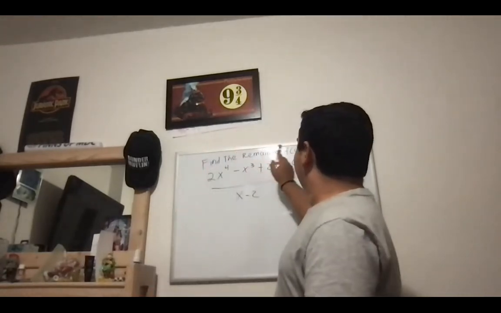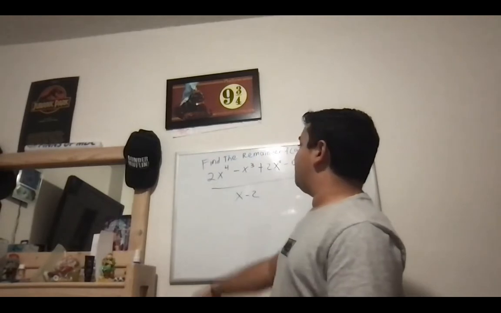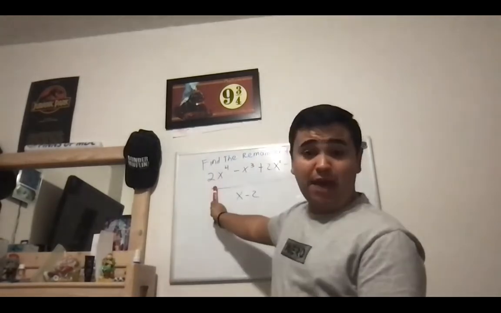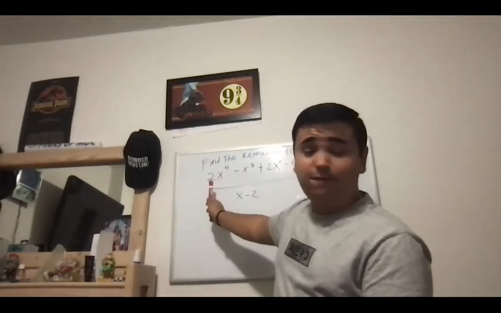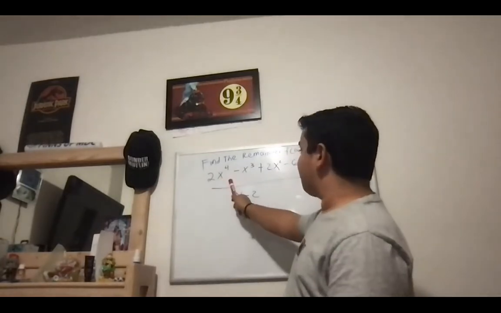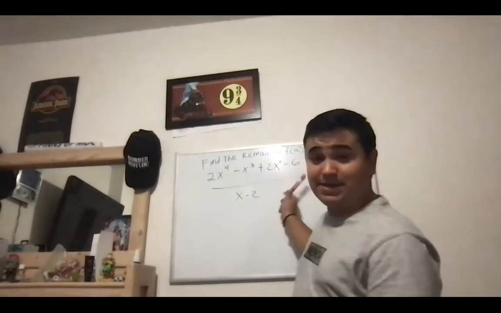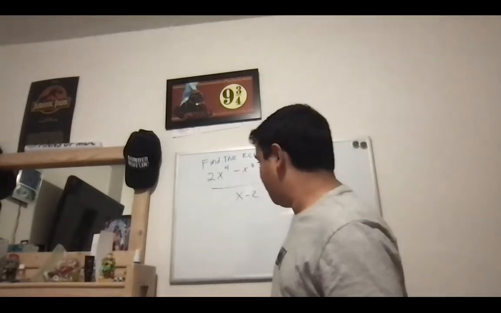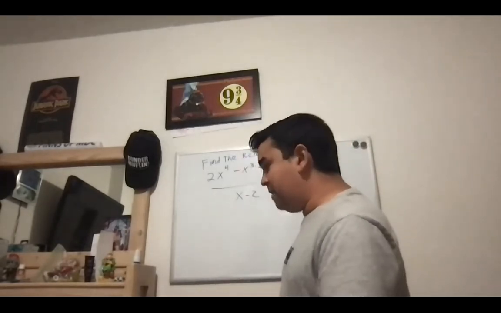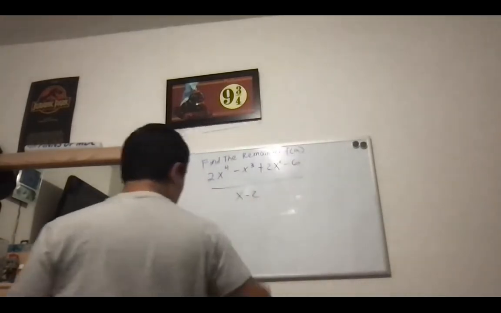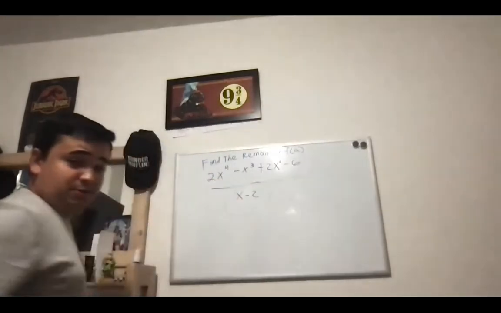Find the remainder f of a in the division of 2x to the fourth minus x cubed plus 2x squared minus 6. We have a dividend of a quartic form, being divided by a binomial of the form x minus 2.